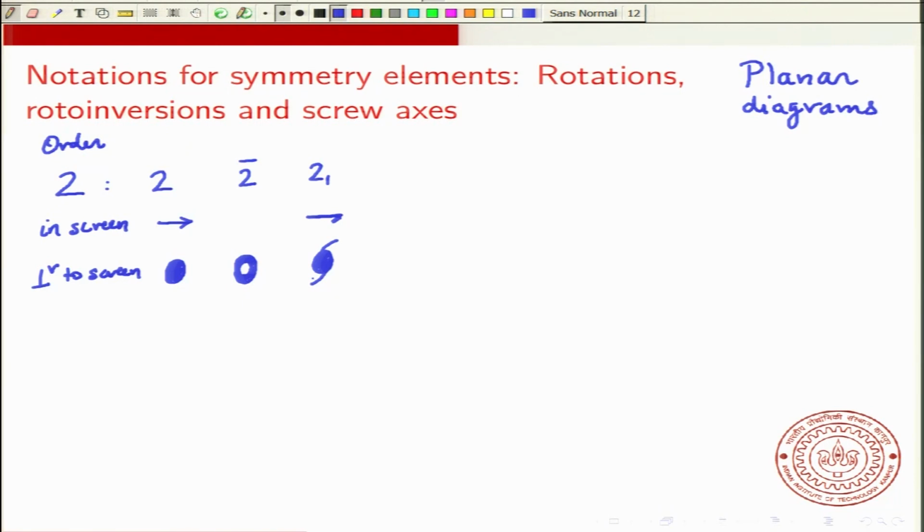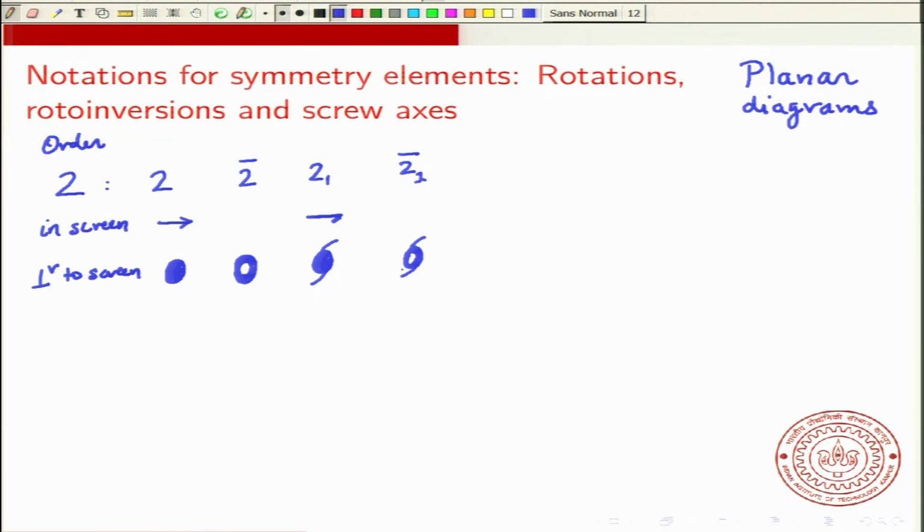And if you have a 2 bar sub 1, then you show it like a 2 bar with this screw. So this is a 2 bar sub 1.